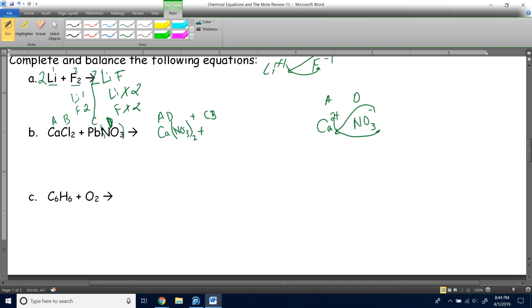And then we add that to our next atom. Okay. So Pb is a transition metal. So we have to look at what the charge was for NO3. So NO3, we knew that it was a -1 charge. So if NO3 was a -1 charge, what did Pb have to be in order for it to be bonded with NO3 without any subscript?